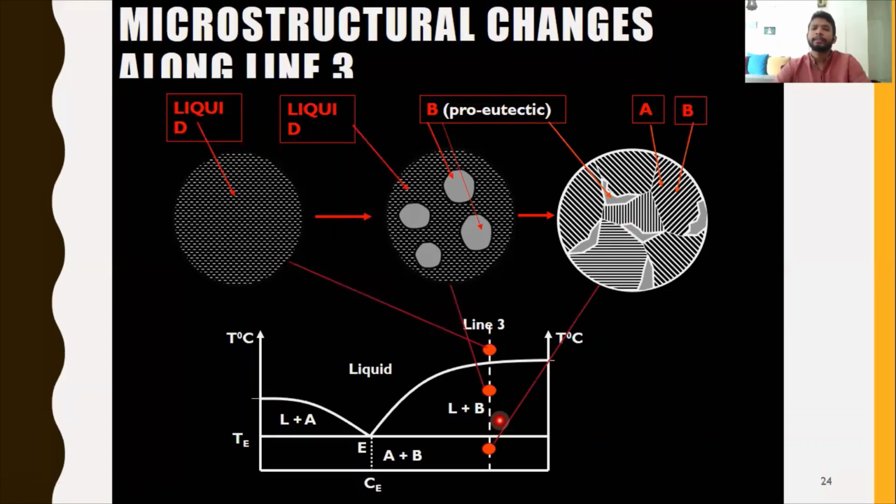Now remember, this is not one experiment. This is a collection of hundreds of experiments along this line. We can change the composition one by one and draw the microstructure. I'm not going to go into that depth with the time we have, but you will understand what I am talking about. So try to draw this.